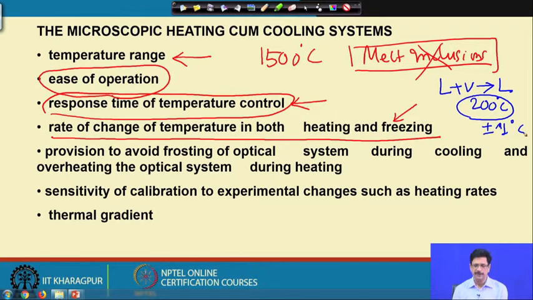And the provision to avoid frosting of the optical system due to cooling and overheating of the optical system during heating. So, these things are also very nicely taken care of by the devices which are available these days.